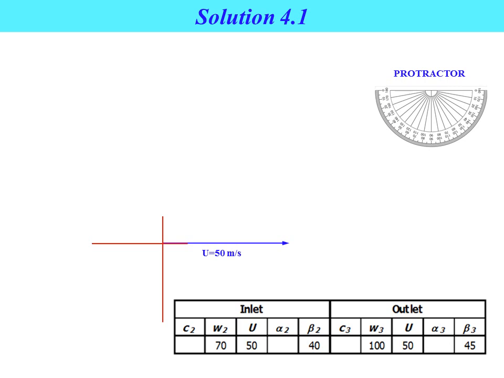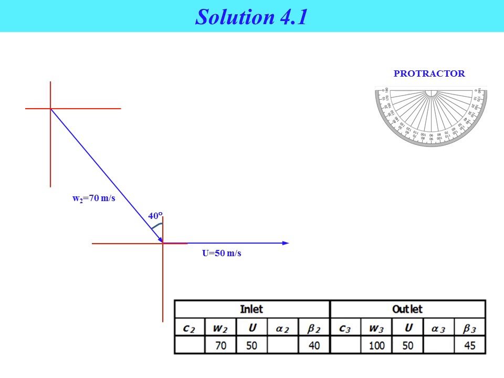From the initial point of the U vector, use the protractor to measure the angle for beta 2, and also draw the line for W2 that represents the value of 70 meter per second.